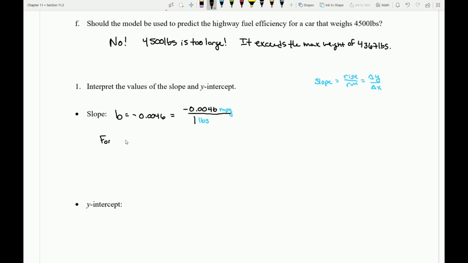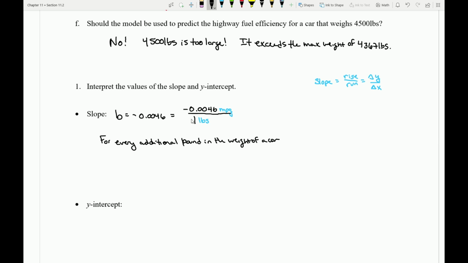I would write something like this. For every additional pound in the weight of a car. Notice I'm dealing with this bottom part first. I want to talk about what happens to x first.